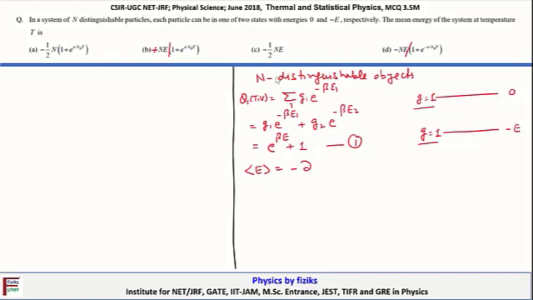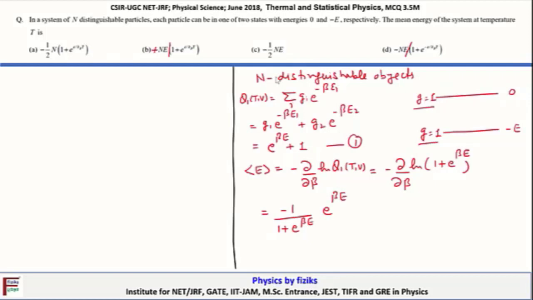This is equal to minus partial derivative with respect to beta of ln Q1(T,V). This equals minus the derivative with respect to beta of ln of (1 plus e power minus beta E), which further equals minus 1 upon (1 plus exponential minus beta E) times exponential minus beta E, multiplied by minus E, its differential with respect to beta.